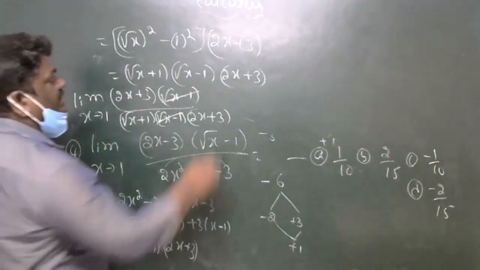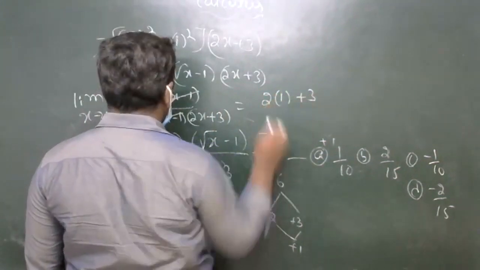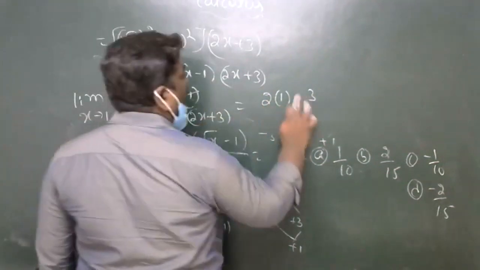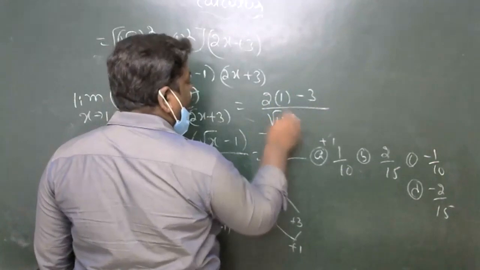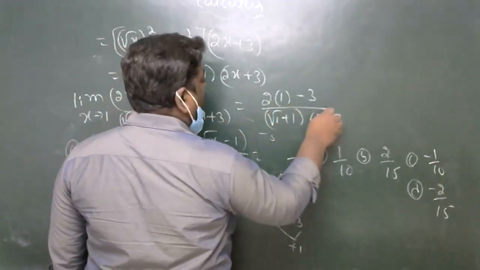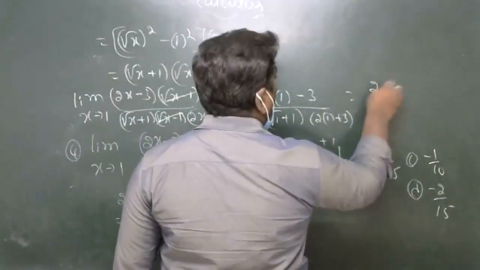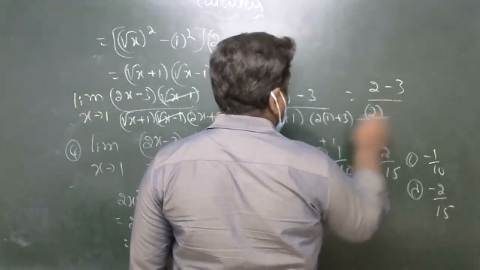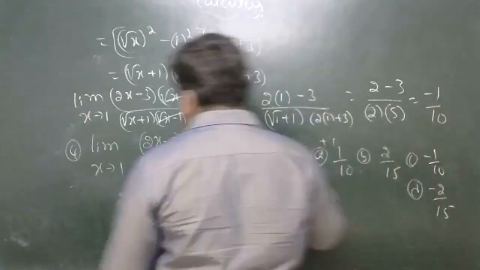Now you substitute x as 1. 2 of 1 minus 3 divided by root 1 plus 1 into 2 of 1 plus 3, is equal to 2 minus 3 divided by root 1 is 1 only, 2 into 5. Minus 1 by 10 is the answer.